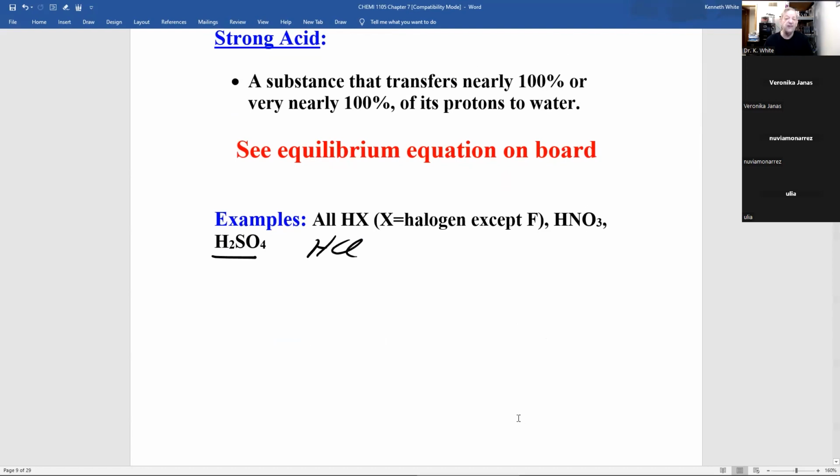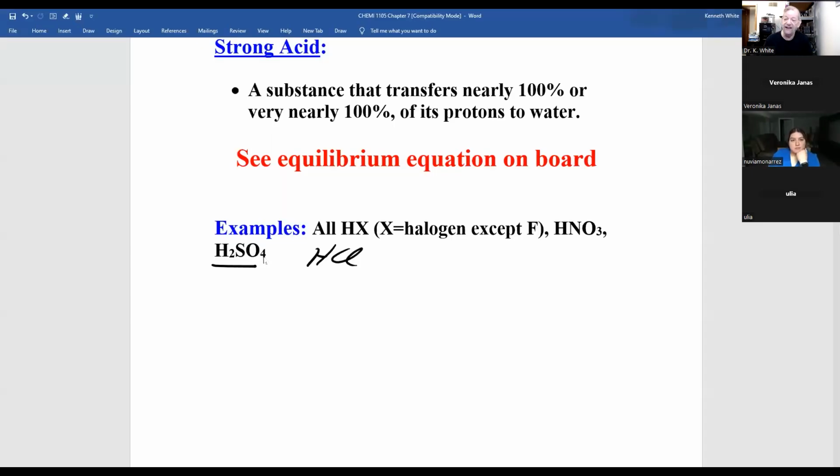Now, let me remind you of one of the great wonders of life: in our stomachs, we have cells that make hydrochloric acid.